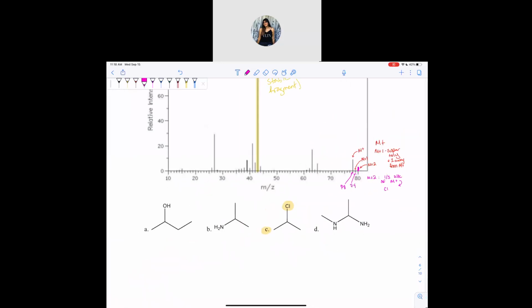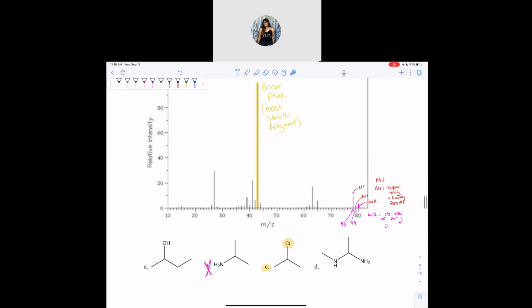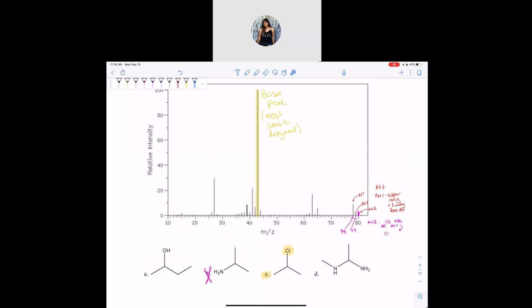So our M+ peak is not at an odd number, so we can't have an odd number of nitrogens. And I would go through these 2 and tell you why they're wrong, but it's kind of obvious that this one is the answer, so I'll leave it there. Ta-da!